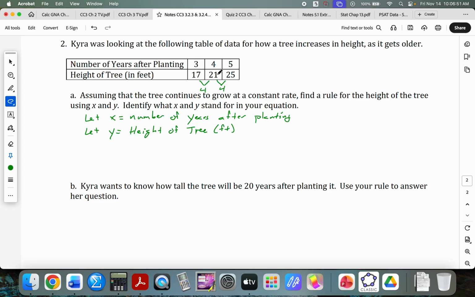Oh, hey, this is coming up to be a pattern. If I multiply 5 by 4, 20, how much short am I of 25? 5. So I can write that this is equal to either 5 plus 4x, or y equals 4x plus 5. Either one of them is just fine.